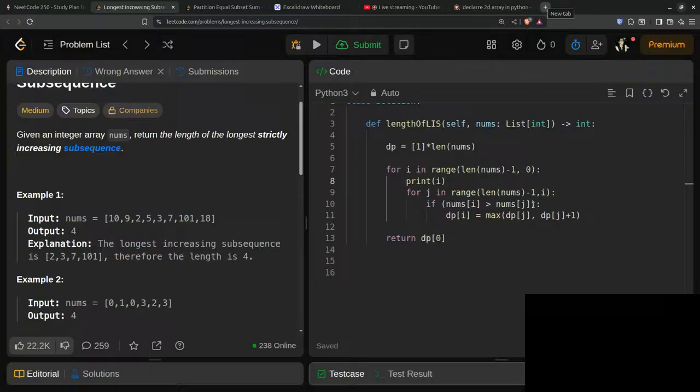DP of I not J. Okay, that makes sense because DP of j will... Okay, that doesn't make sense.